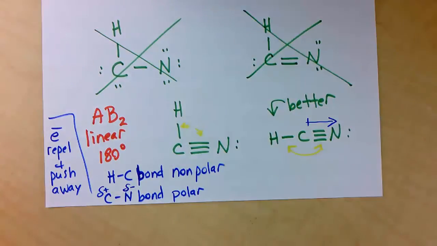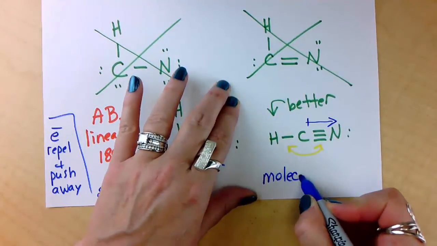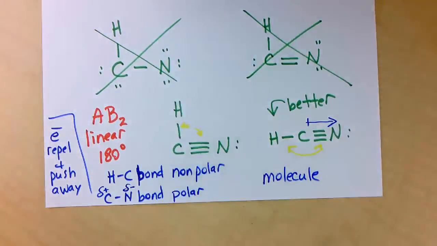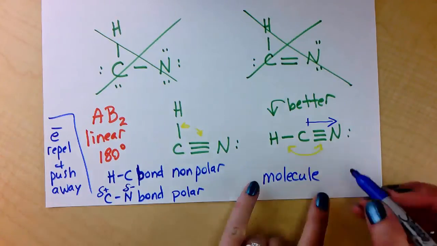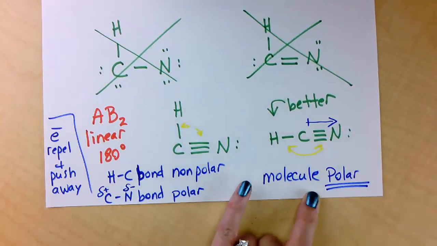There's nothing to cancel out with it. So the molecule, do you think it's polar or nonpolar since we only have one arrow? Well, without anything to cancel out with it, it stays polar. So our molecule is polar as well.